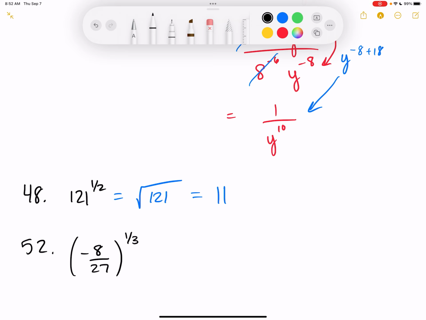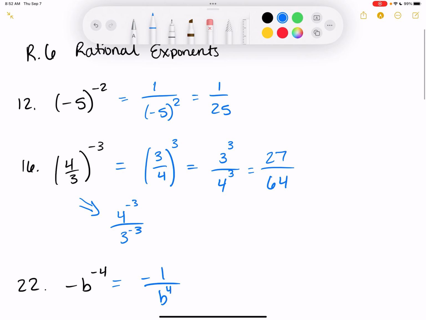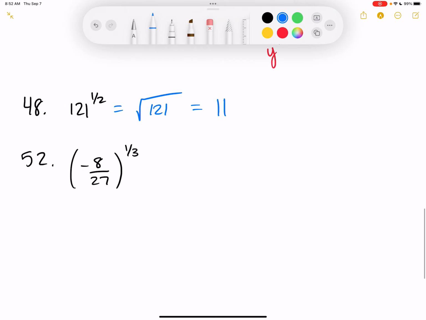But since it's going to be an odd root, it won't be an issue. So just like what we did in something like number 16 where we had a fraction and then we had a number outside, we put it on both pieces. We're doing the same thing here. So we're going to keep the negative. So then I'm going to have 8 to the 1/3 over 27 to the 1/3.